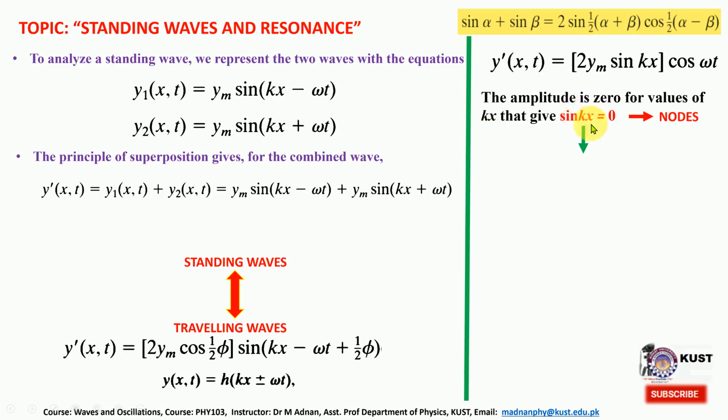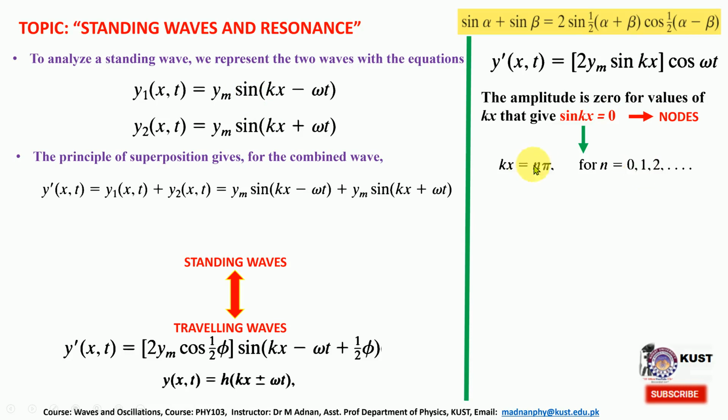So we need to find the value of kx. If kx is equal to n pi, such that n is equal to 0, 1, 2, 3, just integers, then if n is equal to 0, kx is equal to 0. When kx is equal to 0 we know that sine 0 is 0. So in that situation we will have a node for these kinds of waves.